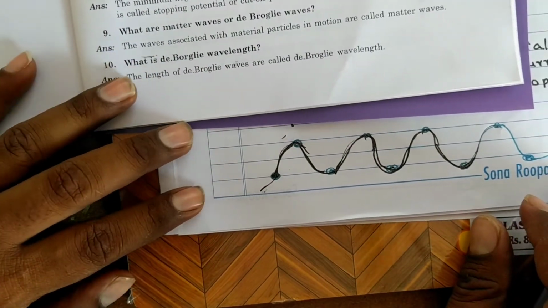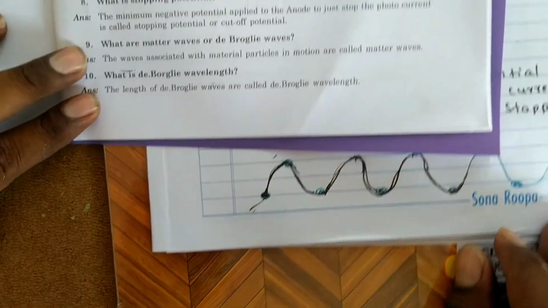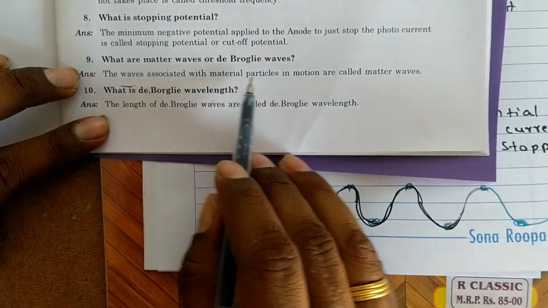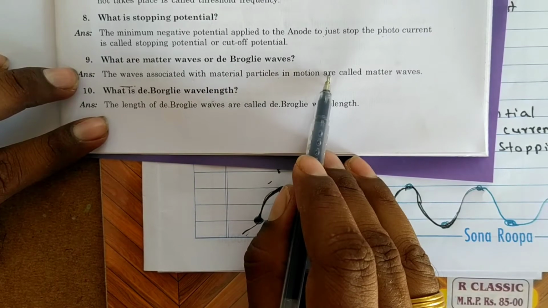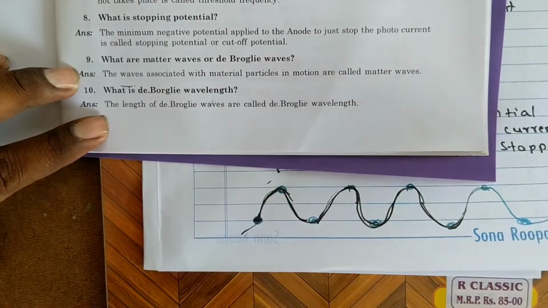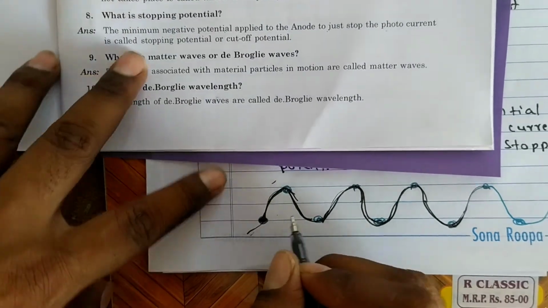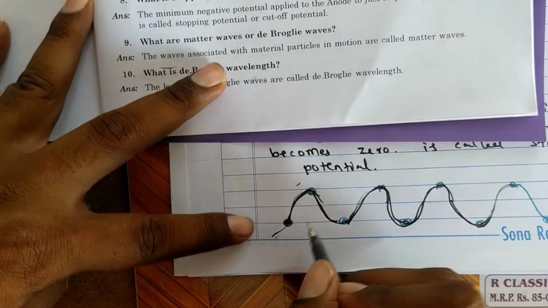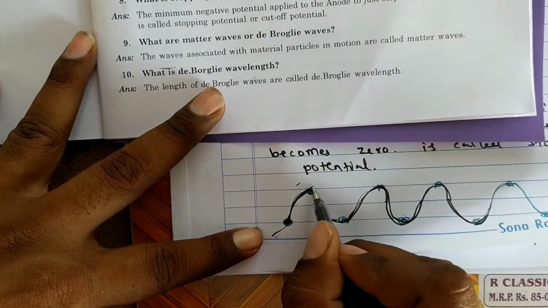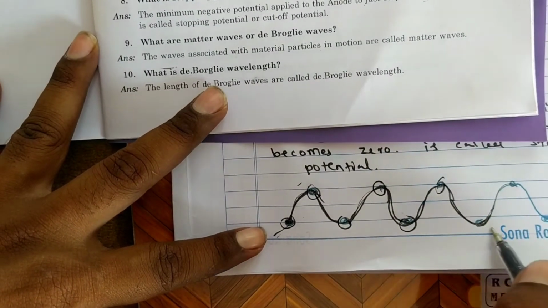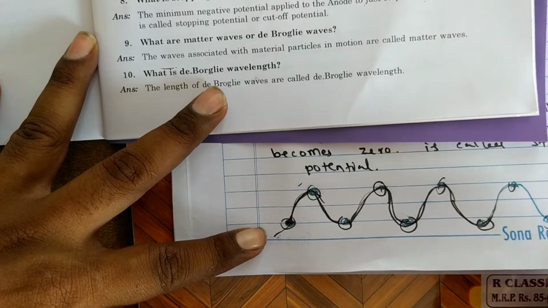The definition: the waves associated with the material particles in motion, or moving material particles, are called de Broglie waves.